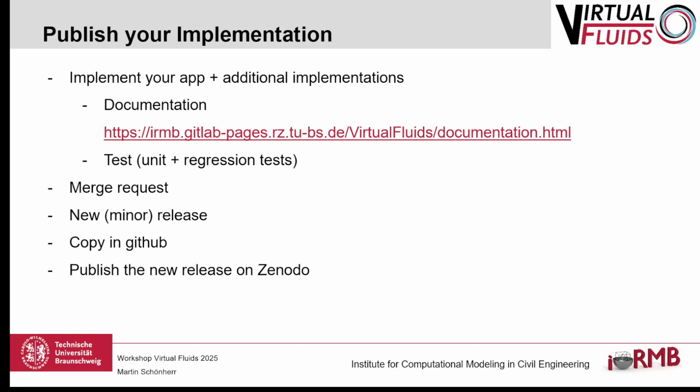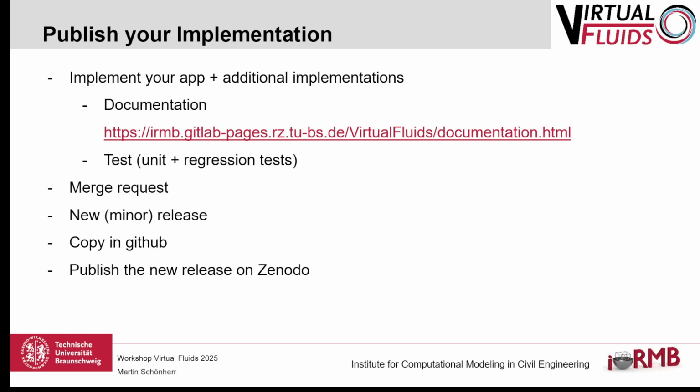Maybe Konstantin will hit me because I say this, but for me these regression tests are much more feasible and interesting. Then you try to get your merge request through the Martin filter somehow. And then I say, okay, great, you have a paper, now we have a working code fitting to it. Then we release a new version, maybe a minor release, maybe a large release, we will see.